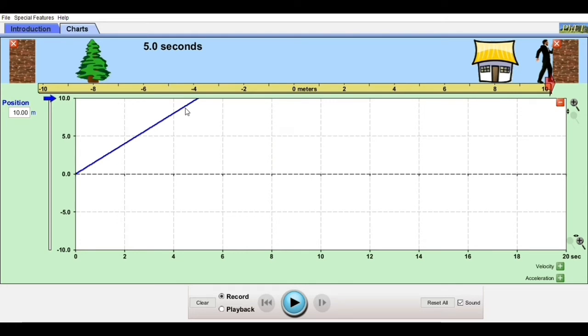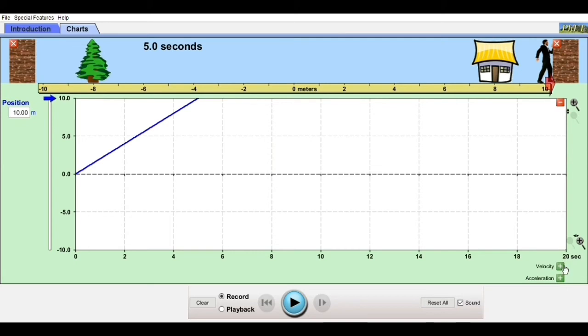After 1 second, it has changed its position by this amount, and then after 2 seconds, it has changed its position again by the same amount. So that is the graph. I'll show you later using a board how we can describe the slope of this graph.